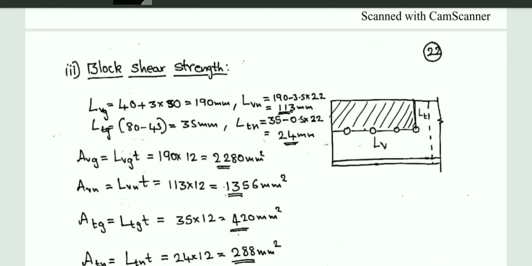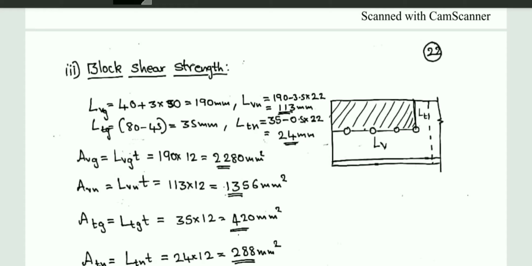Next LVN, that is the net area of this shear plane. The total is 190 from here to here. For net area you need to reduce the number of holes. The total number of holes is 1, 2, 3 full holes, and for the last one you take only half of the hole, because this line ends up at the center of the last hole and moves towards like this.